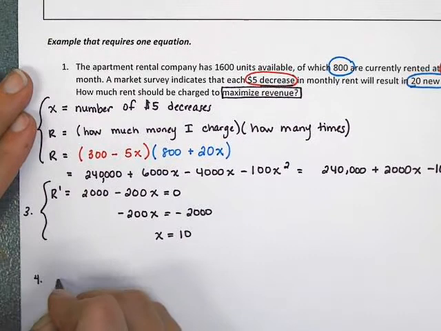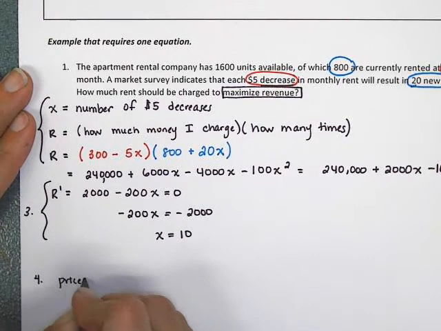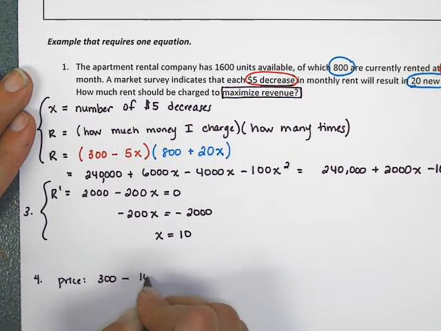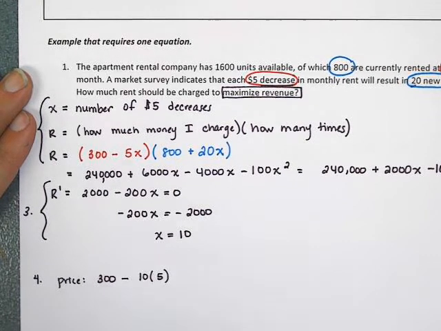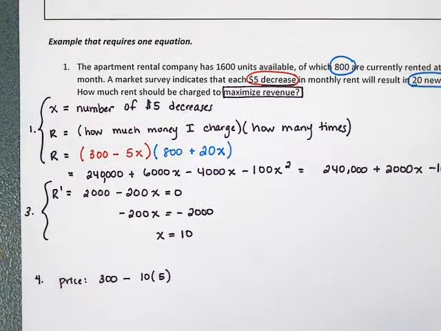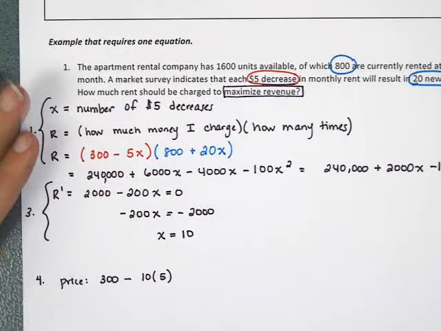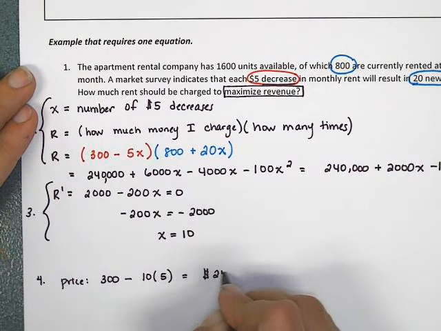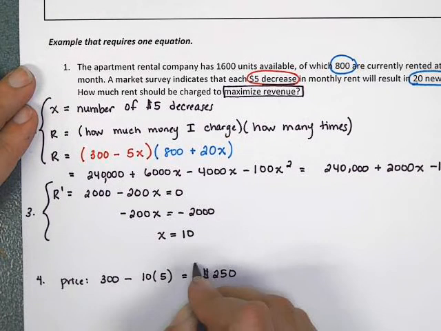Right now, the price is $300. I'm going to decrease the price 10 times, by $5 each time. So in the end, I'm going to end up with a monthly price of $250.